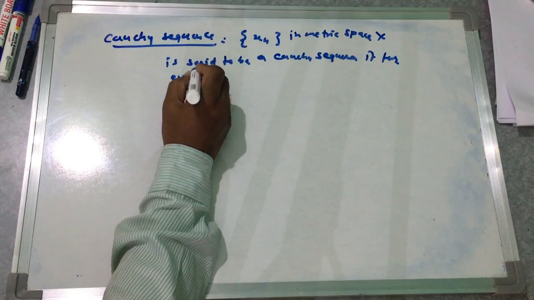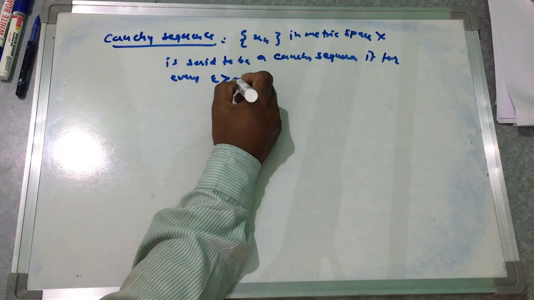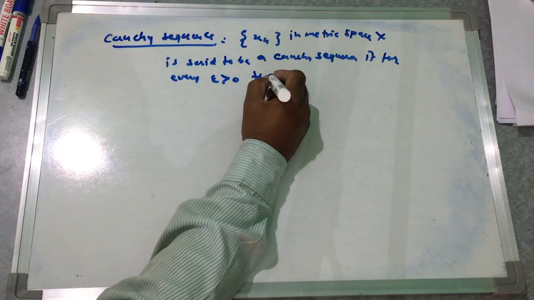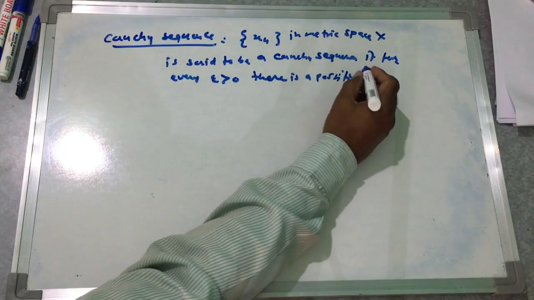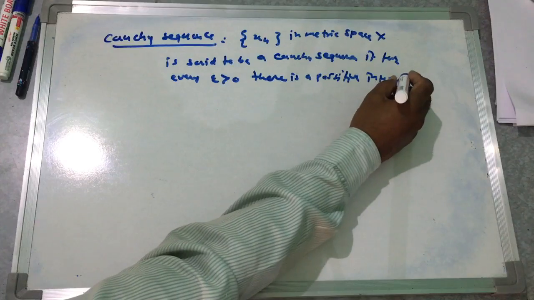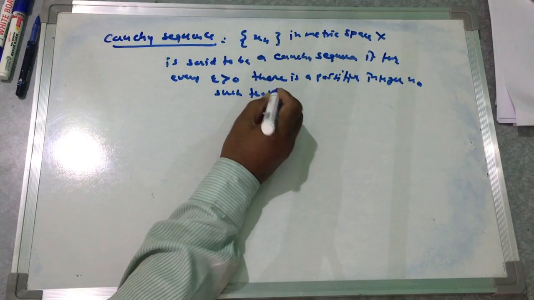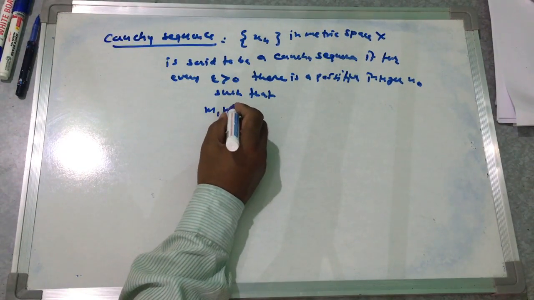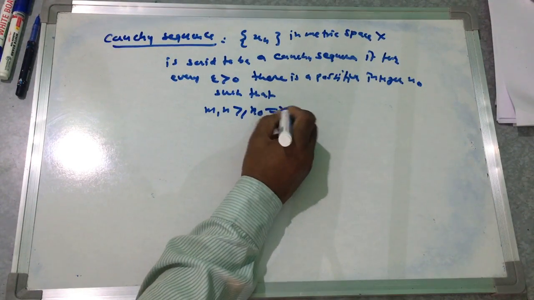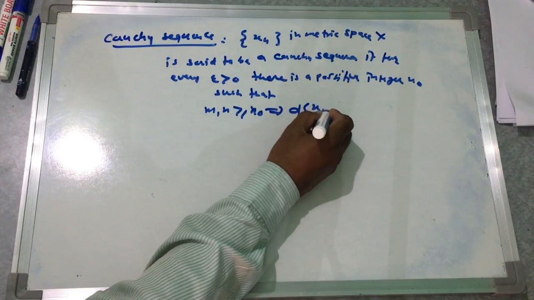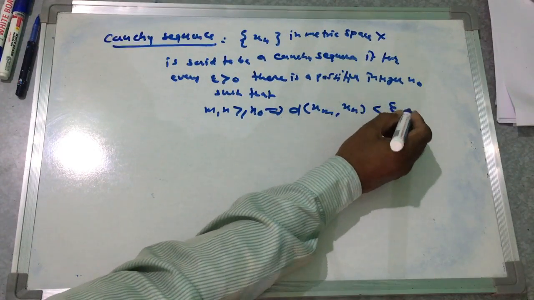for every epsilon greater than 0, there is a positive integer n0 such that for m, n greater than or equal to n0, the distance between xm and xn is less than epsilon.